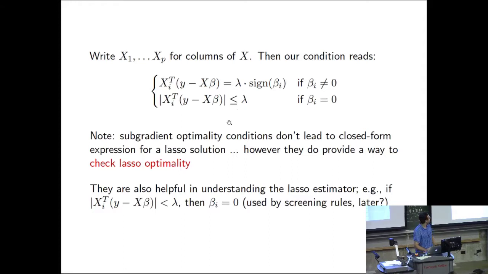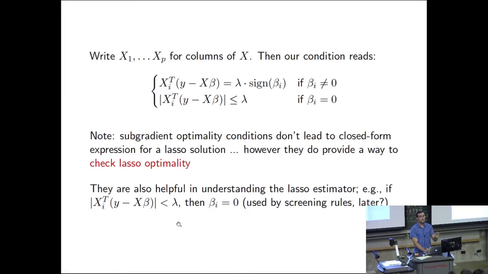And they're also very helpful to develop one thing that we call screening rules, which I hope to cover later, which gives us a way to actually throw out variables from a lasso model without having solved the problem at all. So let's say we could certify that at the solution the absolute value of xi transpose the residual was strictly less than lambda.